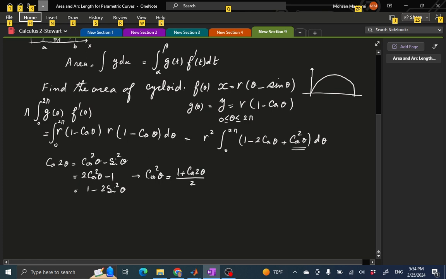So the area we are calculating is going to be r squared, integral from 0 to 2 pi, of 1 minus 2 cosine theta plus 1 plus cosine of 2 theta over 2, all of that d theta.